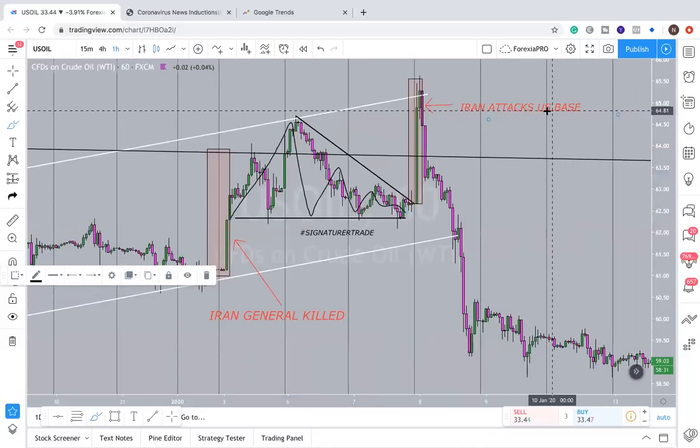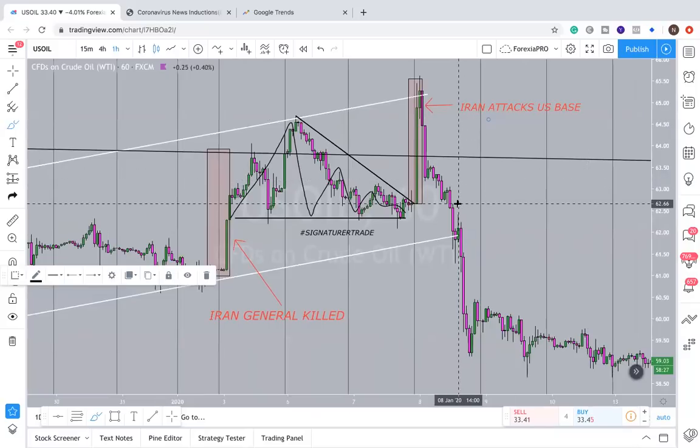Iran attacks the U.S. base. Okay? Now, my question is, is this just a coincidence or is this all a setup?